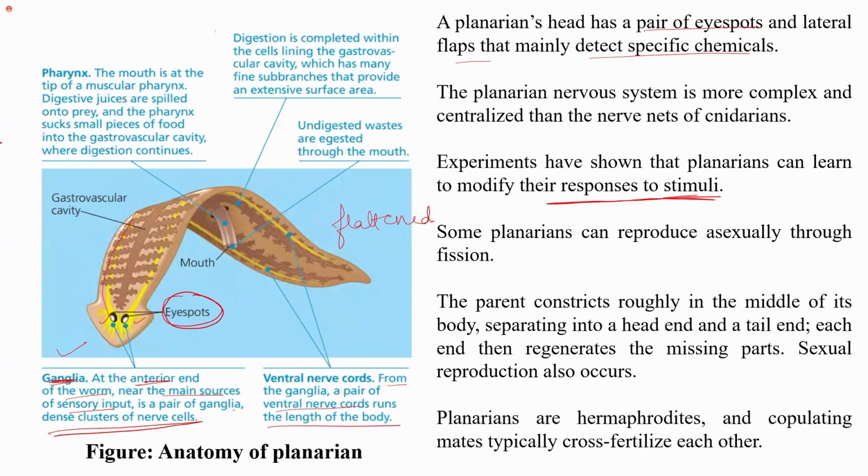Then they have the pharynx. This is the pharynx. The mouth is at the tip of the muscular pharynx. You can see that at the tip they have a mouth. Digestive juices are spilled onto the prey. The pharynx sucks small pieces of food into the gastrovascular cavity where digestion continues. So basically, firstly, they release the digestive juices onto the prey.